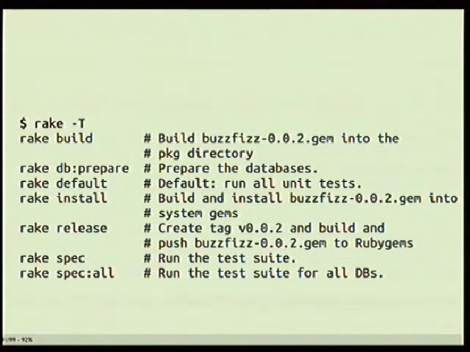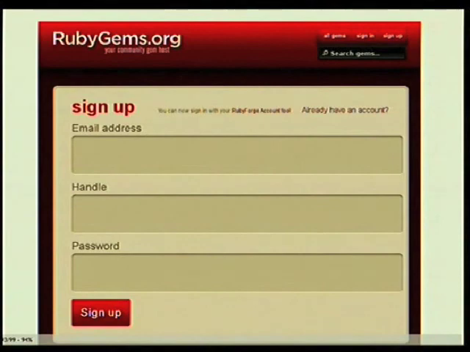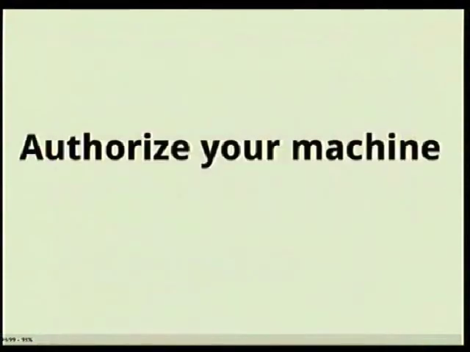And then rake release is the one we're going to use, which is just like a painless releasing of your gem. It's very cool. It's my favorite thing. So if you don't have a RubyGems account, stop now and go make one. It's easy. You just go to rubygems.org and do sign up. They'll ask you a few things.